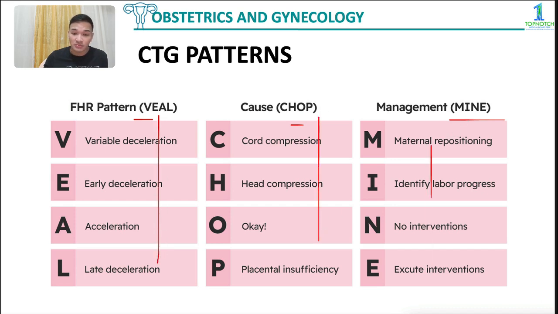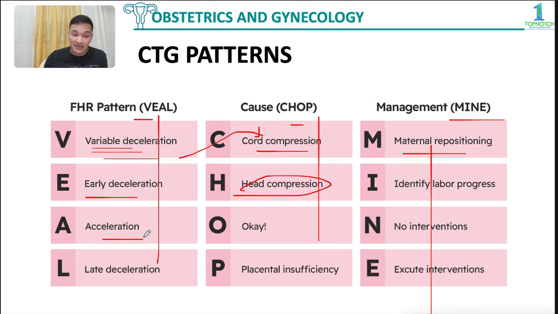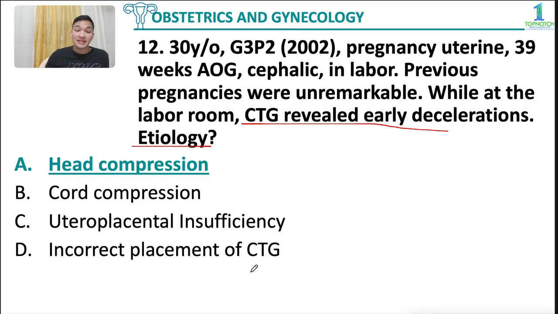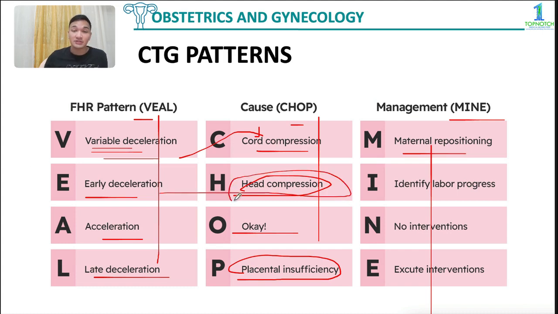So downwards, no, isusulat yung VEAL, CHOP, MINE, and then you'll just fill out yung mga nandito na terms, no. So variable deceleration is associated with cord compression or umbilical cord compression. Early deceleration is associated with head compression. Acceleration is okay. No, that's normal. Late deceleration is associated with placental insufficiency. So, ang tanong kanina is early deceleration. So, that's head compression. Okay?